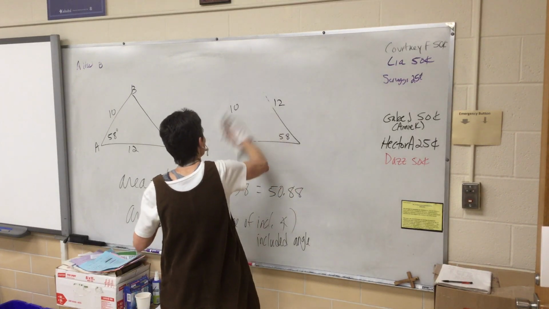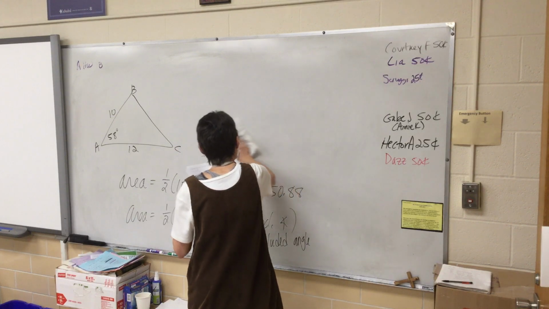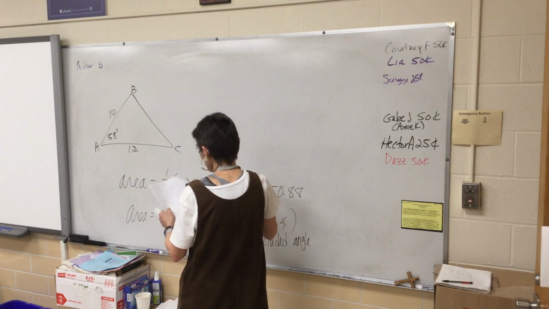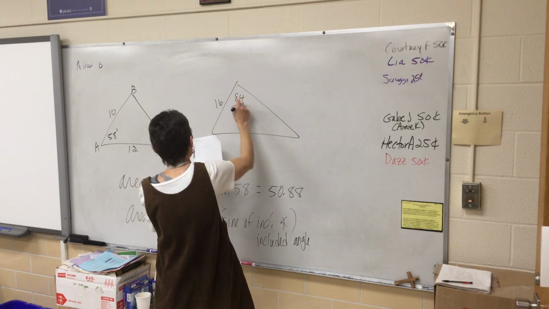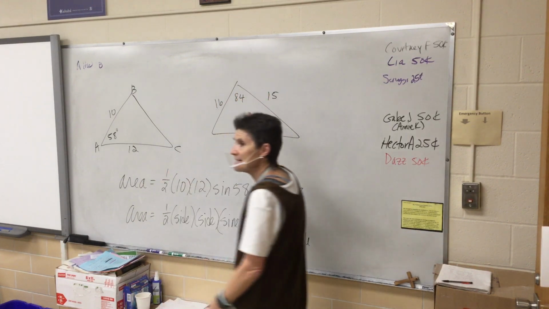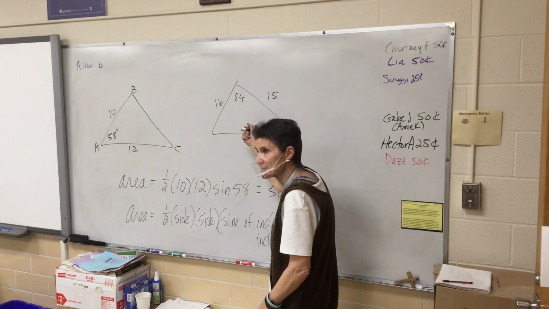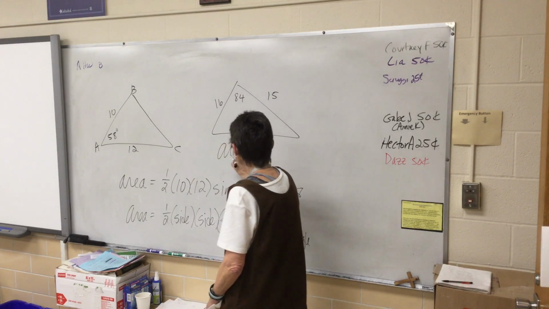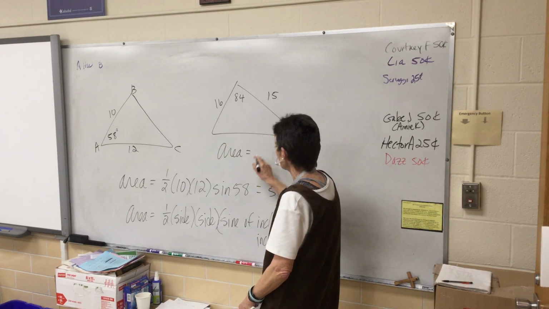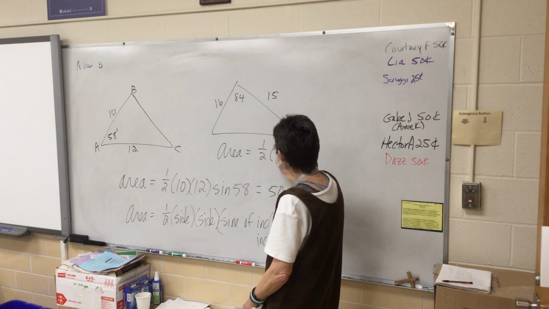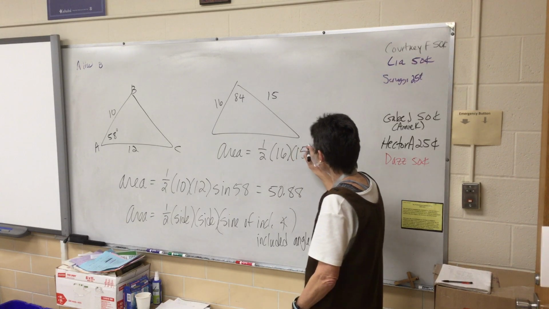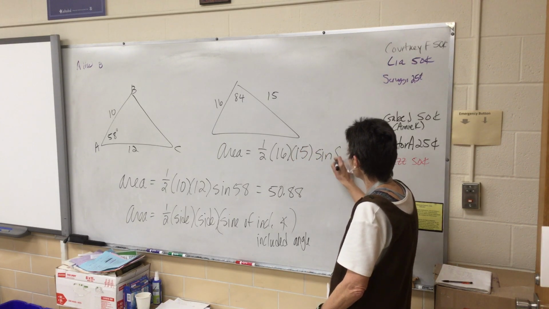Is problem C set up for us to use our new area formula? Yeah, it is perfect. This is the easiest question on the test because all you have to do is type in 1/2 times 16 times 15 times sine 84.